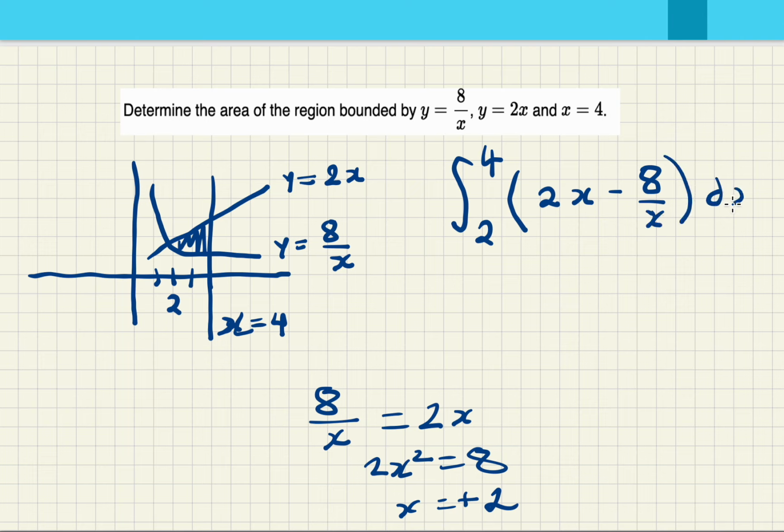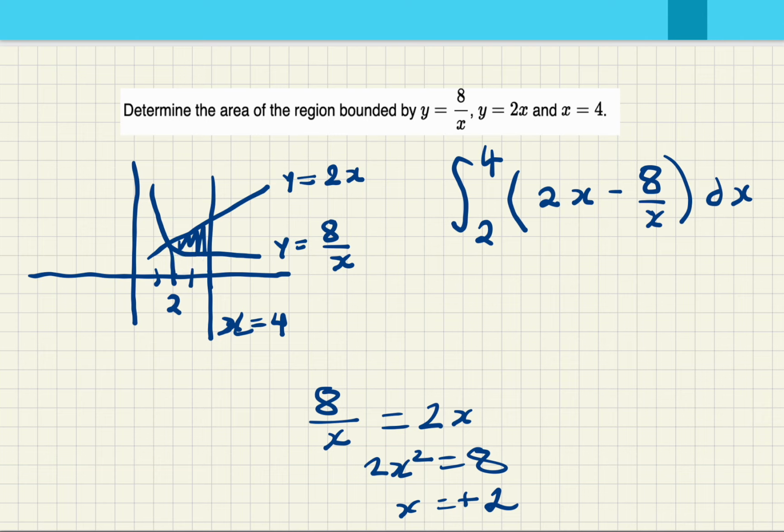And the reasoning behind that is, for example, if you're taking the linear function y equals 2x, we can integrate from 2 to 4 of this linear function, and it would give us this trapezoid, this region. And so if we were integrating 8 over x, that would be this region.